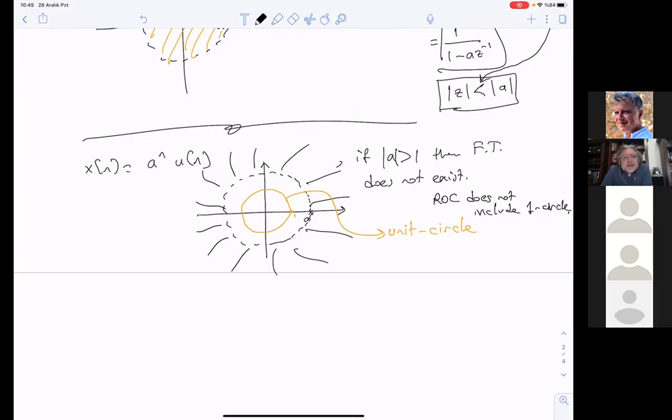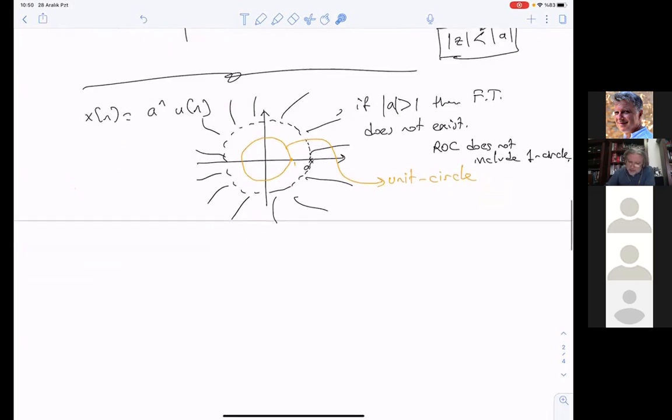And if this is a system, if this is not x of n but h of n, then it means that the system is unstable because, again, the unit circle is not included in the region of convergence. So just like the Laplace transform, the check for stability or convergence is simple.